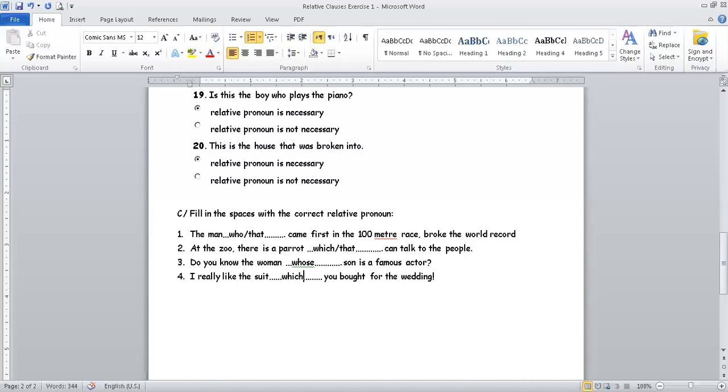Therefore, you can drop which in this sentence and you can say, I really like the suit you bought for the wedding. Is it okay to use that in this sentence? Yes, it's also possible to use that. I really like the suit that you bought for the wedding.